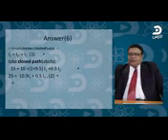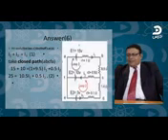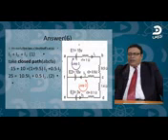And then we apply the first law of Kirchhoff at C. So take closed path A, B, C, F, A. So 15 plus 10 equals 1 plus 9.5 I1 plus half I2. So 25 equals 10.5 I1 plus half I2.